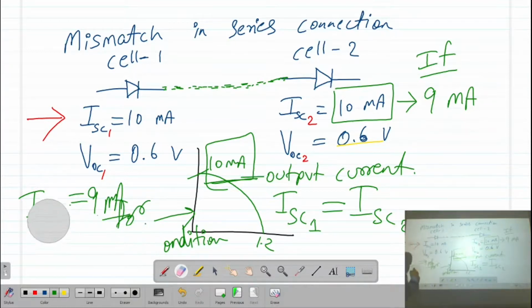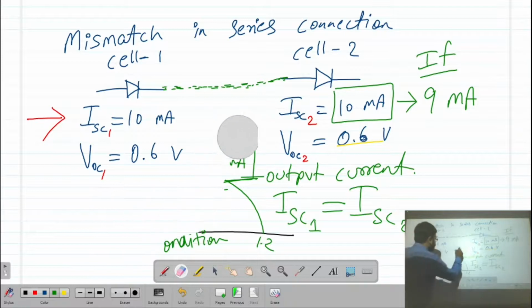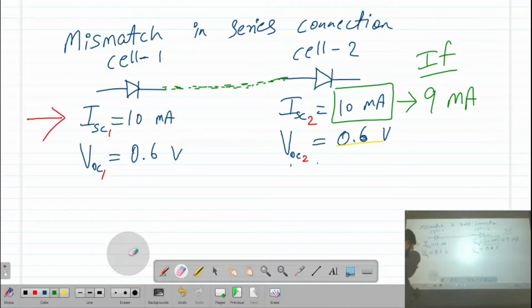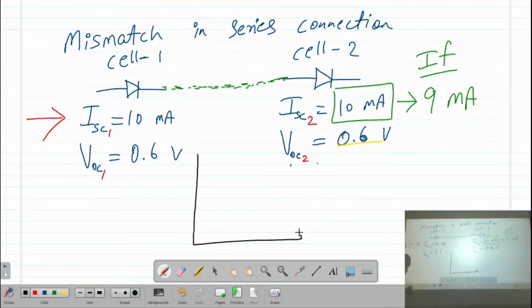Now, let us see the IV diagram. This is 0.6 volt.